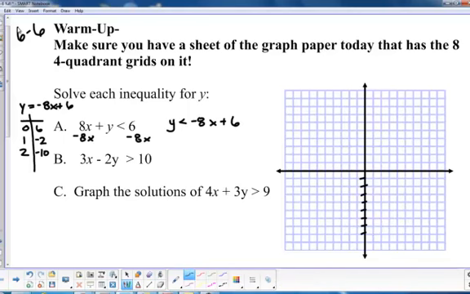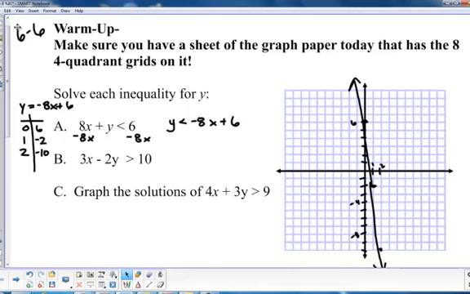Hold on here. 2 is negative 10. And 0 gives 6. So I've got a somewhat steep line, because the slope is negative 8, with a negative slope, like so.